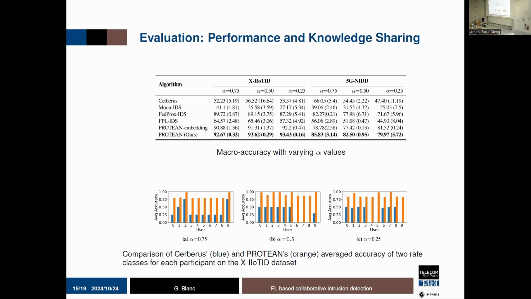So they cannot work out where to place their cluster in the latent space, but they don't care because they will eventually receive this information from the aggregated model. And we have used Cerberus, which is based on FedAvg, and our own Protean here in orange. And we were able to show that we were learning something and then able to detect the attacks afterwards.